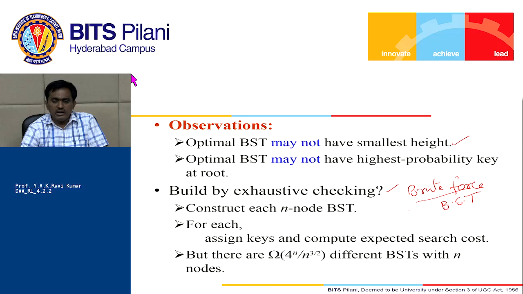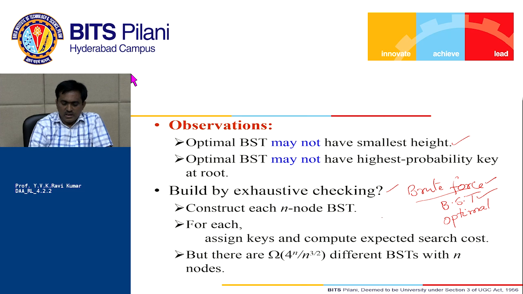We go through the various possible binary search trees, from which we take the one which gives the optimal search cost, that is the minimal search cost. That is what we do when we construct the optimal binary search tree by using the brute force or exhaustive search method. Construct each n-node BST, assign keys, and compute the expected search cost. From that we find the optimal binary search tree.